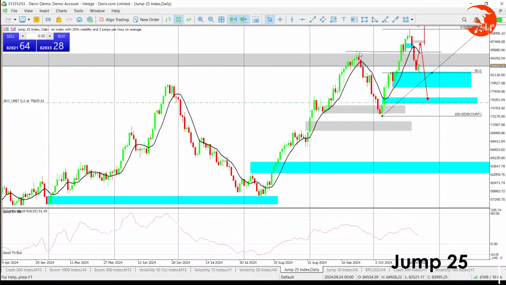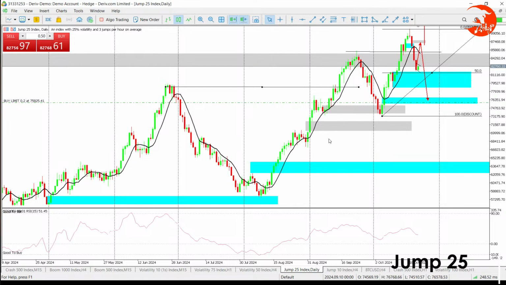What are we looking for? We broke structure here. But when we broke structure, we can't return just around here when we left some liquidity back here. So we are looking at grabbing liquidity, just the same thing we did here. We broke structure here. If history teaches you these things, we broke structure here, we made a new high.